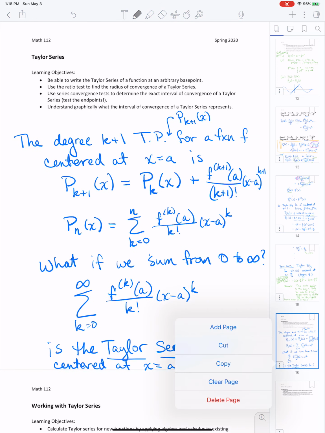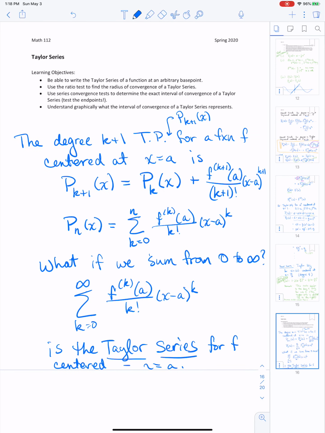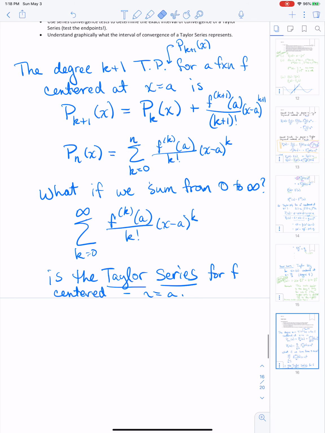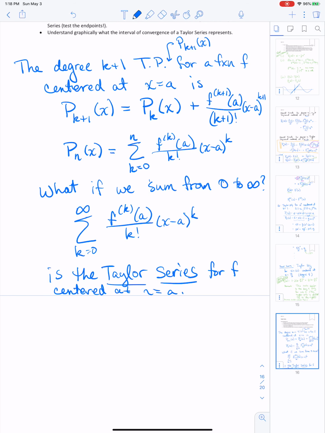I'm going to go ahead and add another page here. And so, whoops, some of that got moved down to the next page. So let's go ahead and, centered at x equals a.